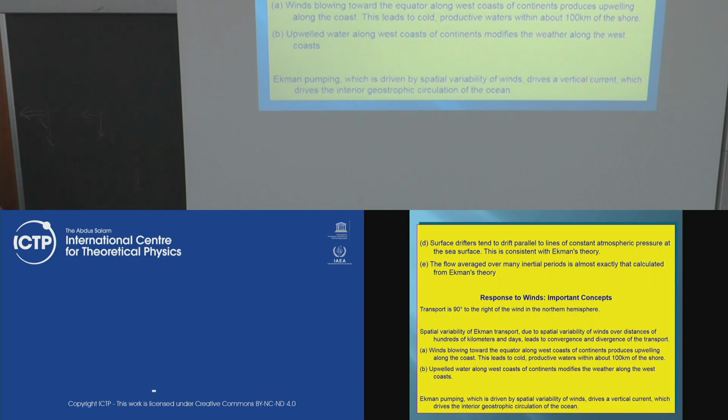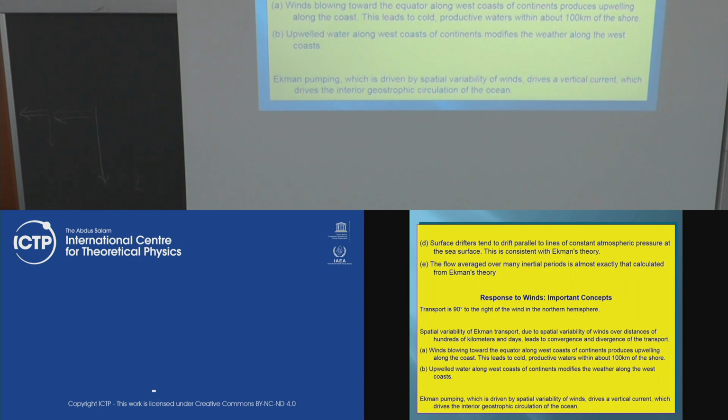We can imagine another, similar situation where the wind is again parallel, but here we have the larger wind velocity with respect to this one, and in this area here we have the convergence.